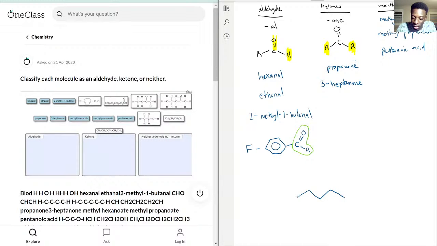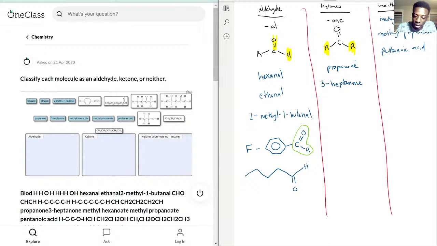And on the last one, it would be 1, 2, 3 carbon. And then it'll be like an H here, and then this will be double bonded to oxygen. So this is what that formula would look like. So that right there is the same thing over there, and that one is also an aldehyde. Let me just draw a nice line through it.